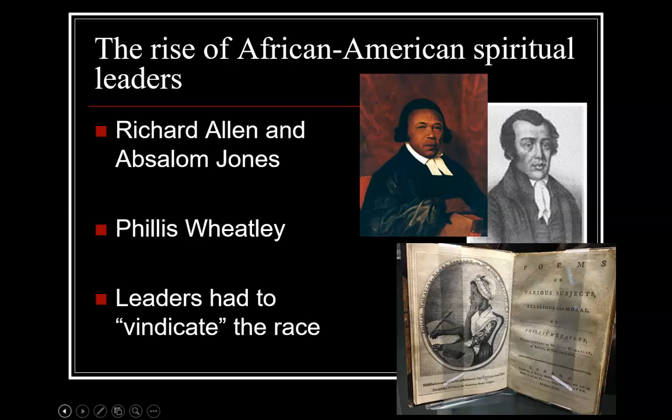And we can see that even into today, in the notion of Black Lives Matter, right? There's this effort to emphasize that Black individuals have value, that they have worth, that they are not what they are often presented to be, and this is something that is quite common throughout our history.